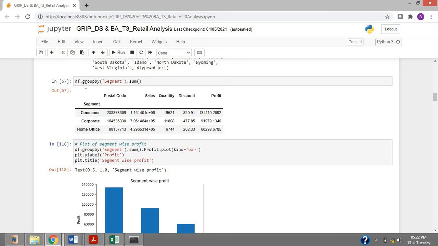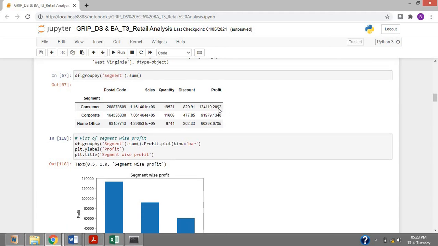We call the data frame dot group by, and group by the specific column, which is segment here. This aggregates the different segments, and then the sum is applied to the corresponding numerical columns. So this is the final outcome.